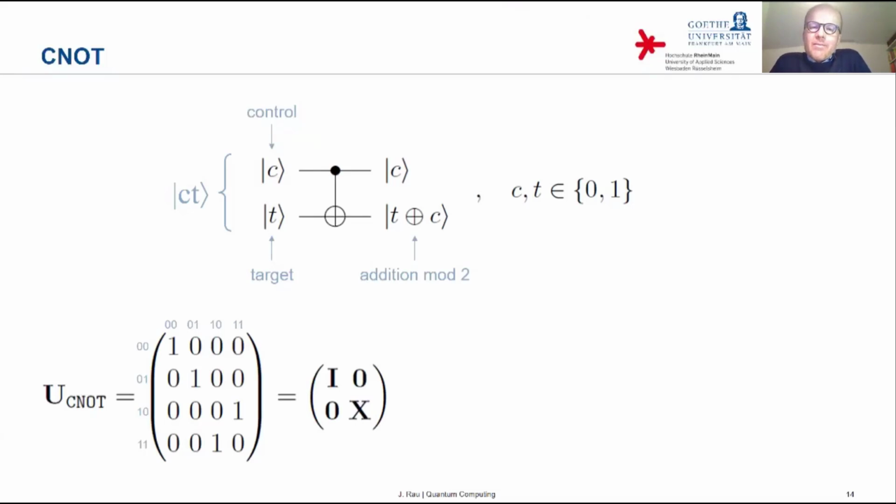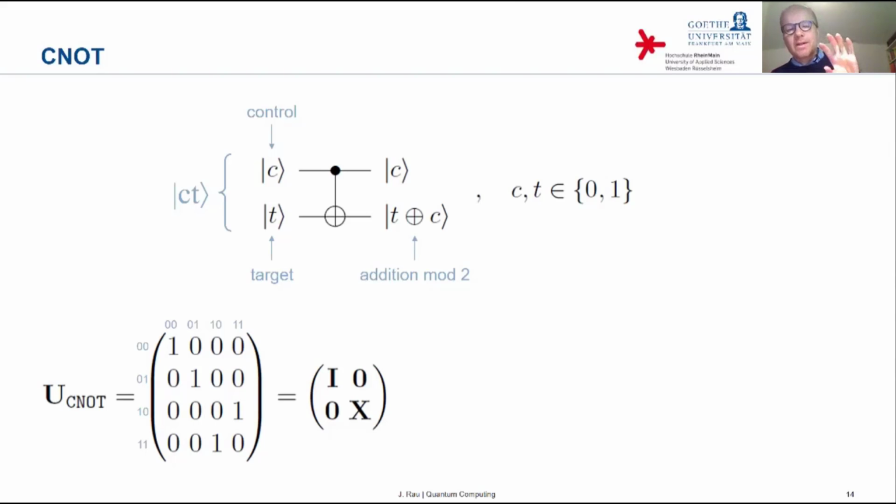The matrix representation of the unitary operator that's doing that transformation in the standard basis has this form that you see here on the slide. It's shown first as a 4x4 matrix, or in a more compact notation as a 2x2 matrix, where each entry is in itself a 2x2 matrix.